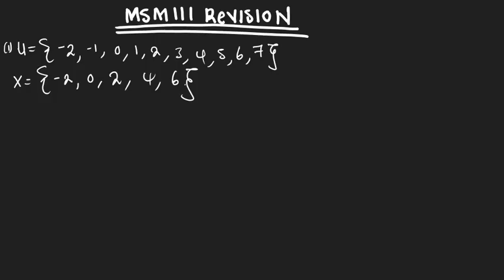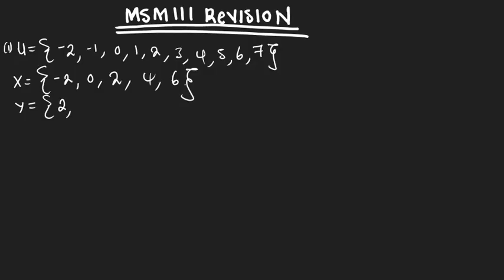Y is a set of all prime numbers. So what are prime numbers? Numbers that are divisible by 1 and itself. So 2 is divisible by itself, so in this case we are going to have 2.